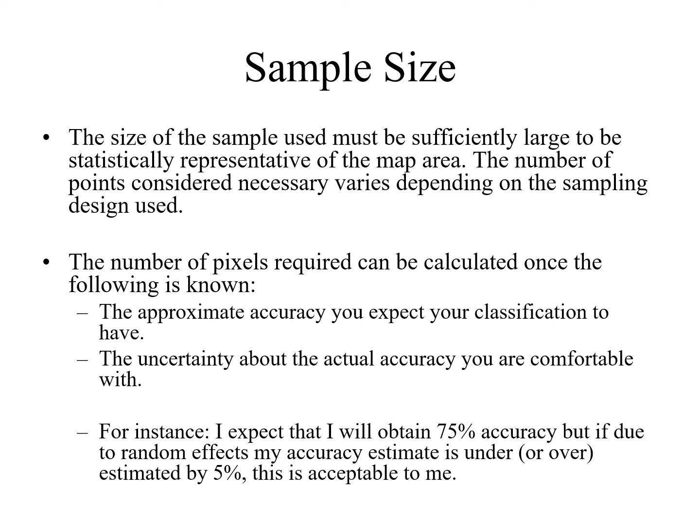And then you need to say to yourself, well, what's the range of accuracies I'm comfortable with? So if it was very important for me to hit that 80% target, I might say that plus or minus 2% accuracy is the only range of accuracies that I can really accept.